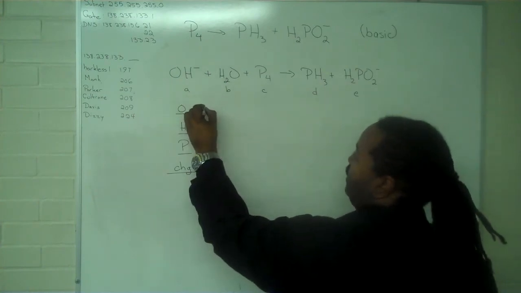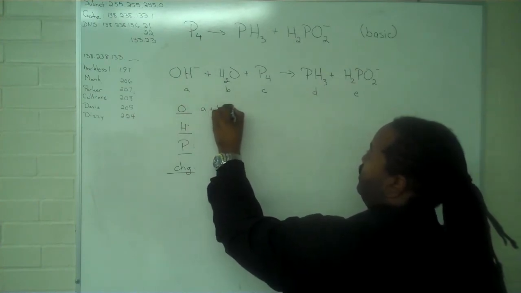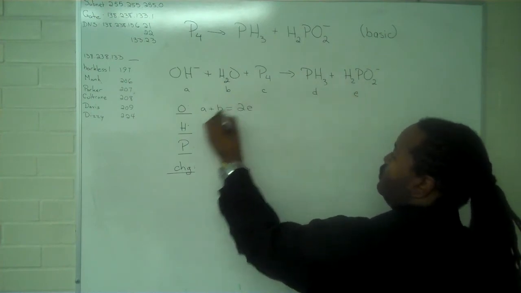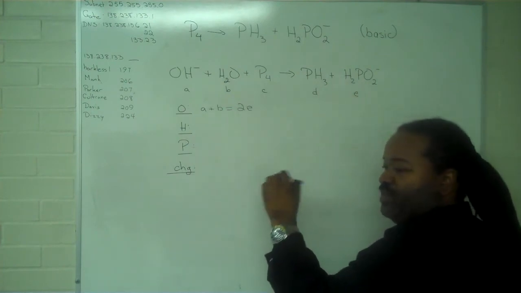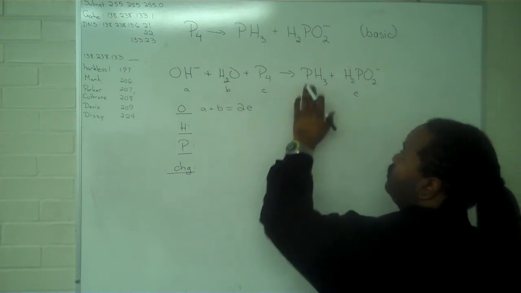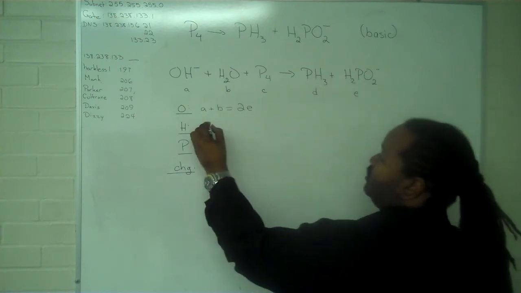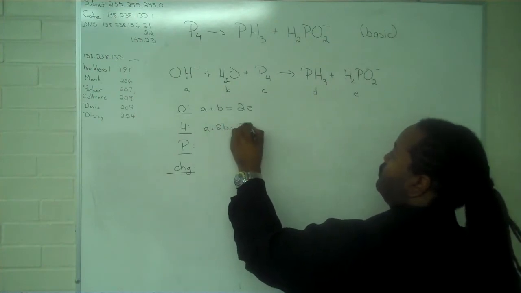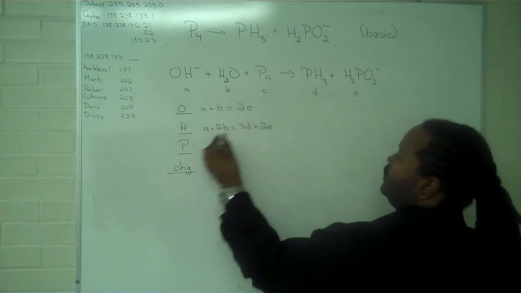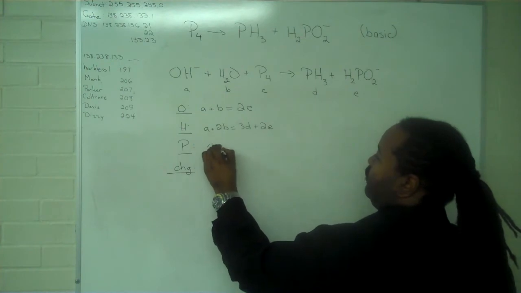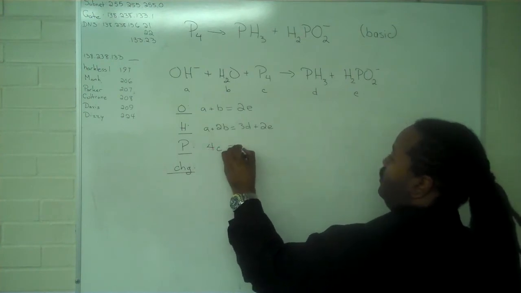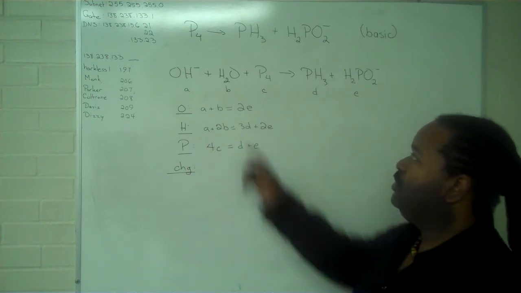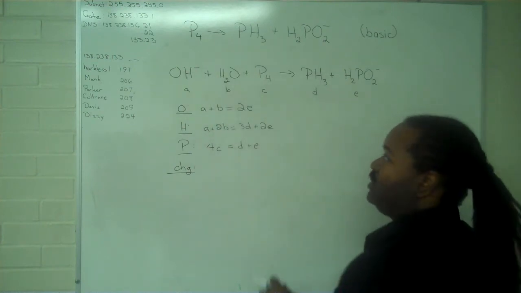We have A plus B equals 2E. For hydrogen, we'll have A plus 2B equals 3D plus 2E. For phosphorus, we have 4C is equal to D plus E. And for the charges, we take into account the sign of the charge.